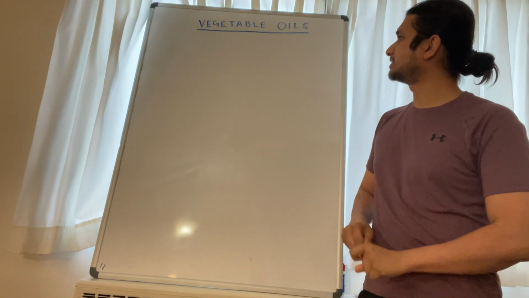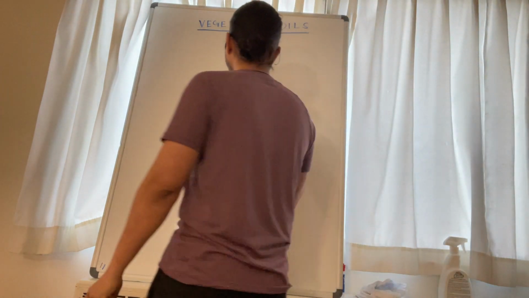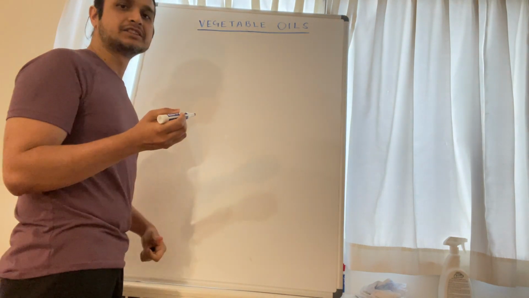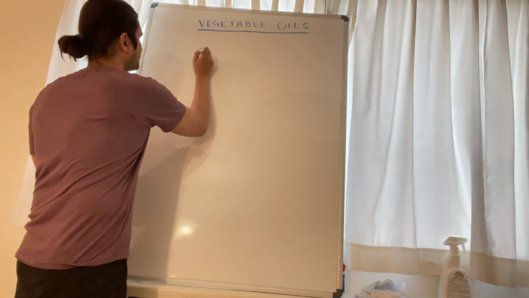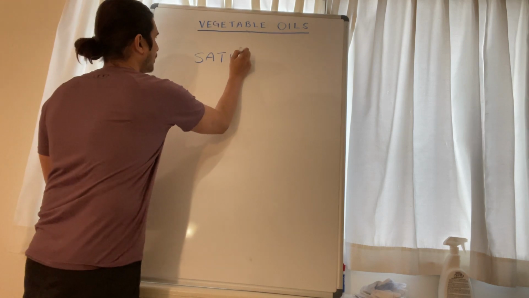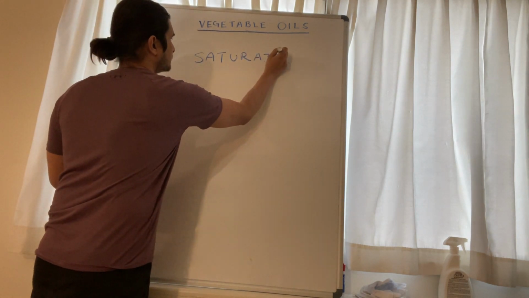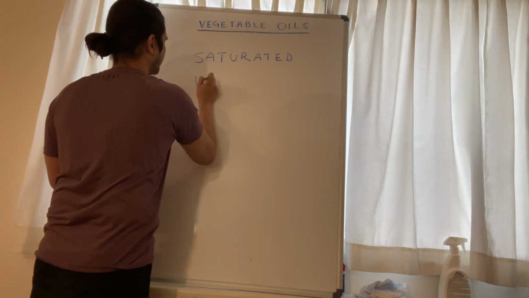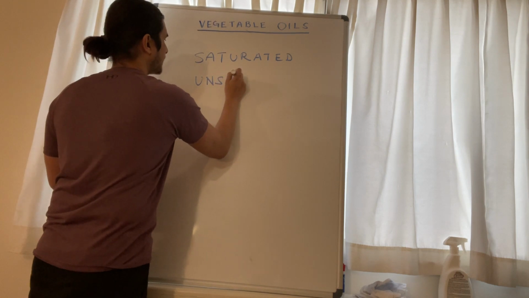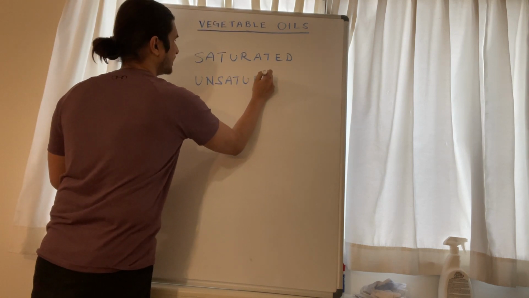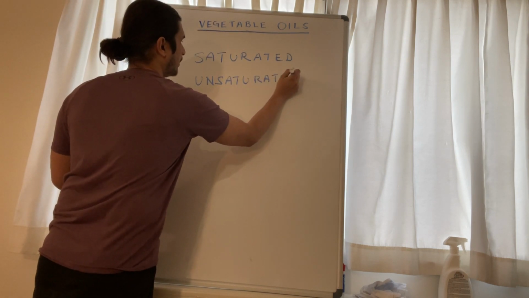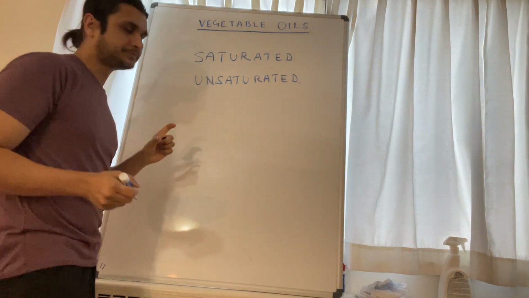The structure of vegetable oils can be thought of as saturated fats, or it can be thought of as unsaturated fats. And the saturation basically refers to the bonds that are there.